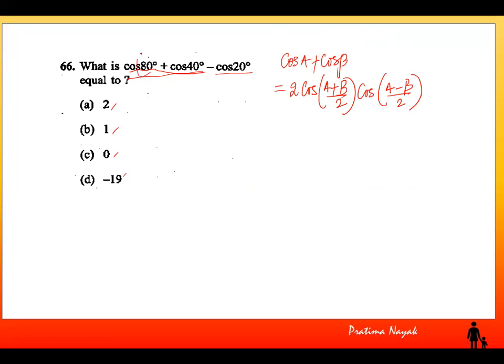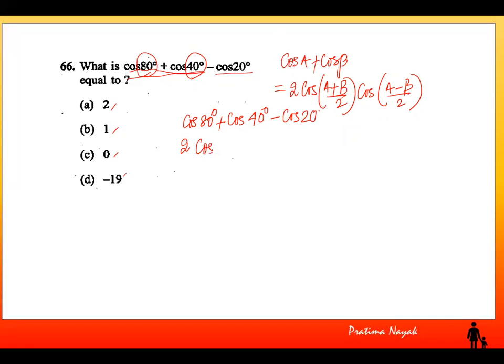So I'll take this as A, 80 degrees, B as 40 degrees. So this is simple now. I'll write cos 80 degrees plus cos 40 degrees is equal to 2. Let me write this expression also.